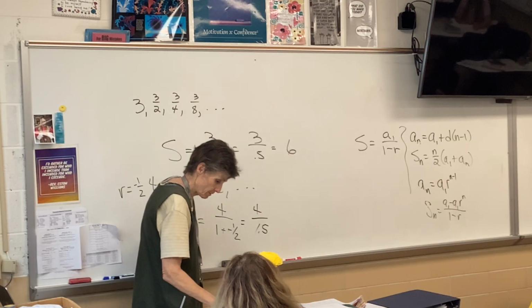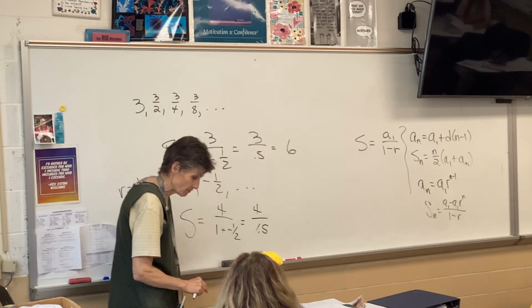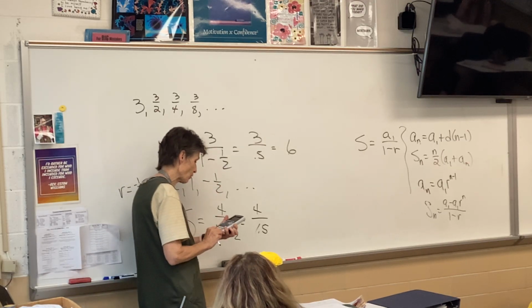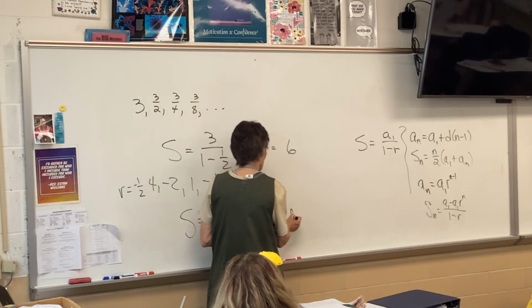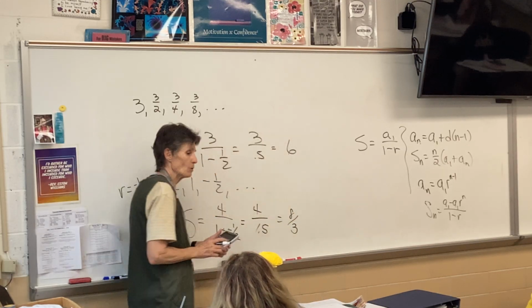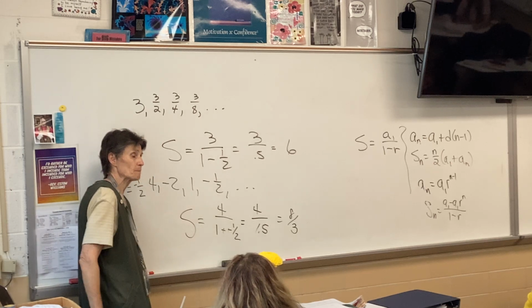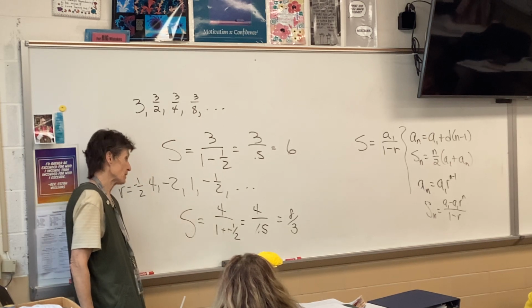So 4 divided by 1.5. What's math frac of that? That's 8/3. That way I don't have to round it off. So I just hit math frac, and it gave me the fraction.